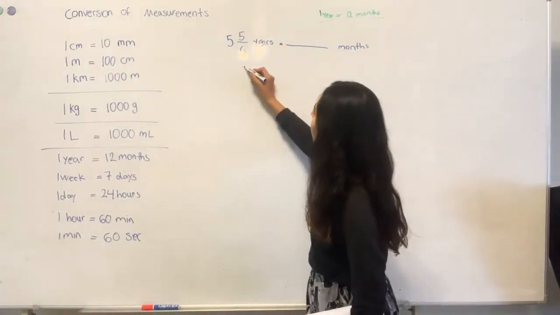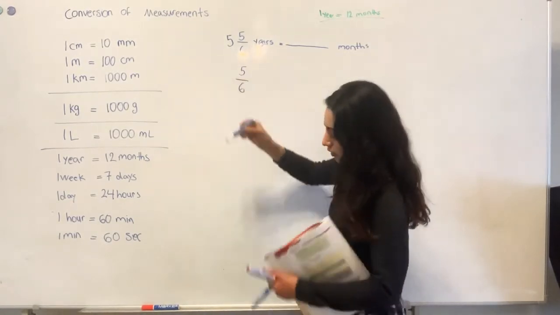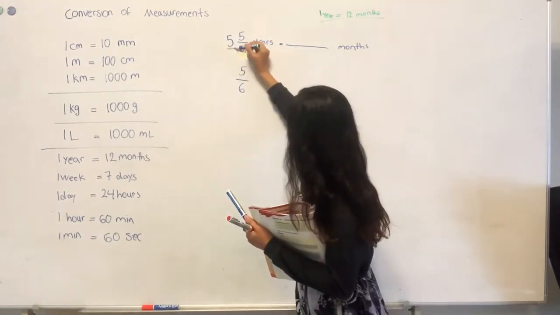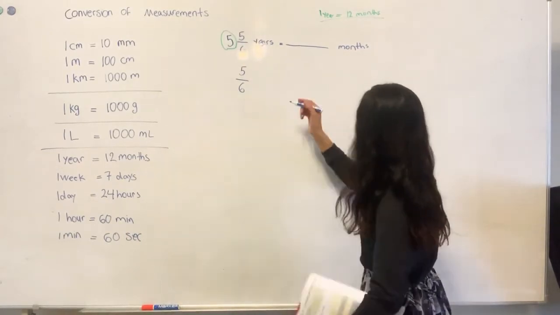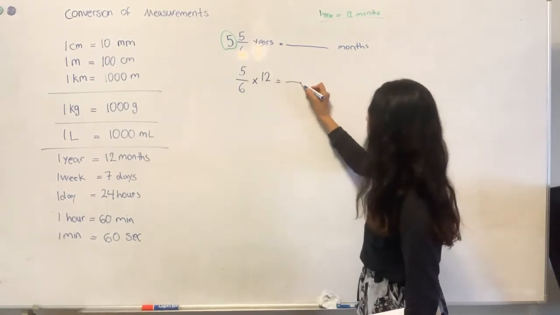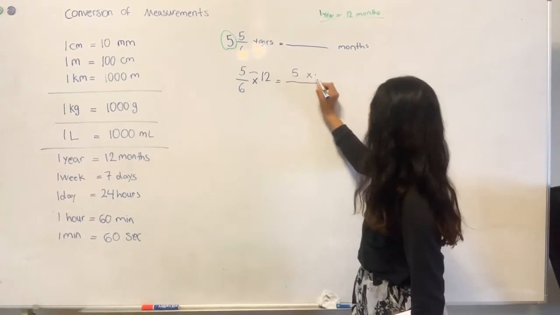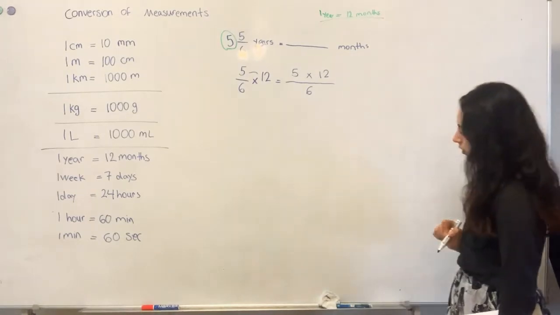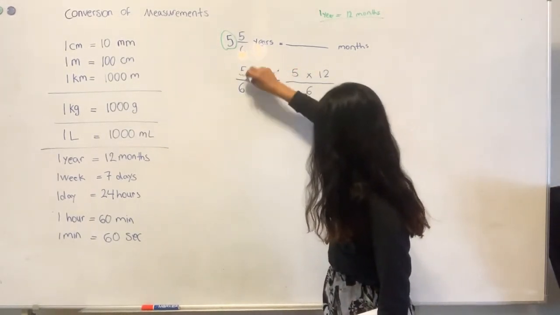So we do 5 over 6. So for now, leave this behind. 5 over 6 times 12, which is 5 times 12 over 6. That's how we do. I'm going to erase this part so it's not confusion for you.